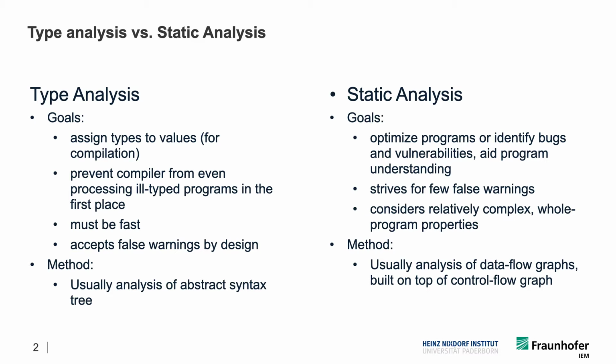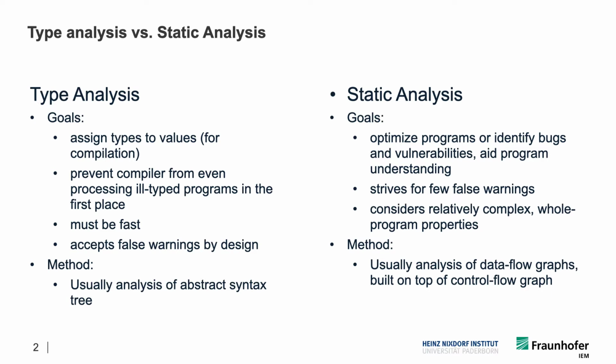And there's no clear-cut definition of the boundary between these two. When I think about type analysis and static analysis, I mainly distinguish them with respect to their goals, because when it comes to the methods, they can sometimes be quite similar and they tend to blend into one another, at least in recent years.